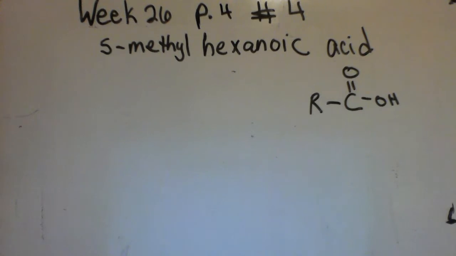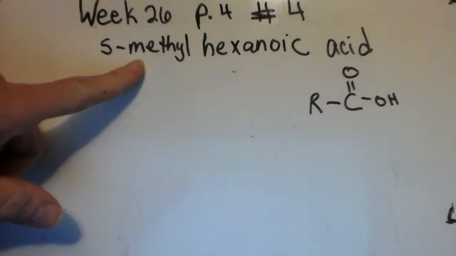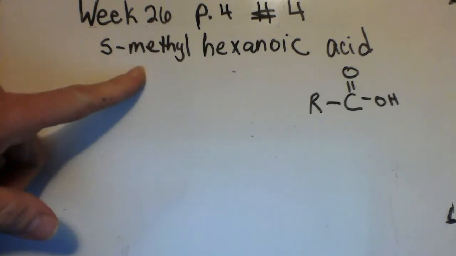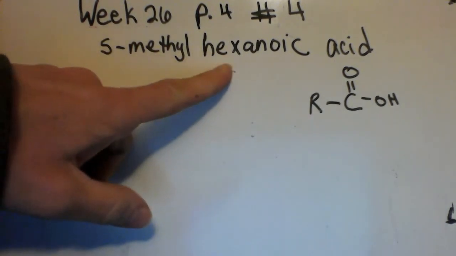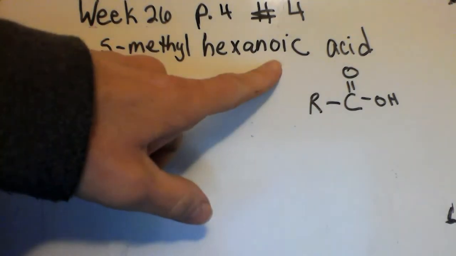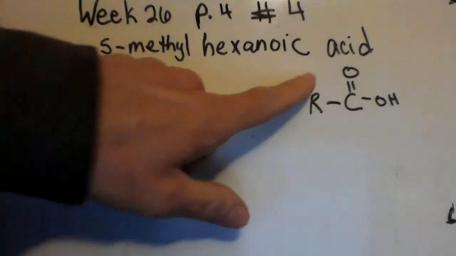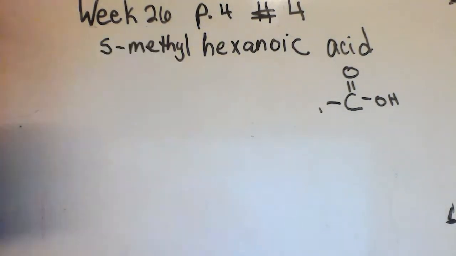We also see that there is a methyl branch that's attached to this particular molecule, and we see that there are 6 carbons because it's called hexanoic acid. So hexane indicates 6 carbons. So let's replace the R here with a chain of hexane.